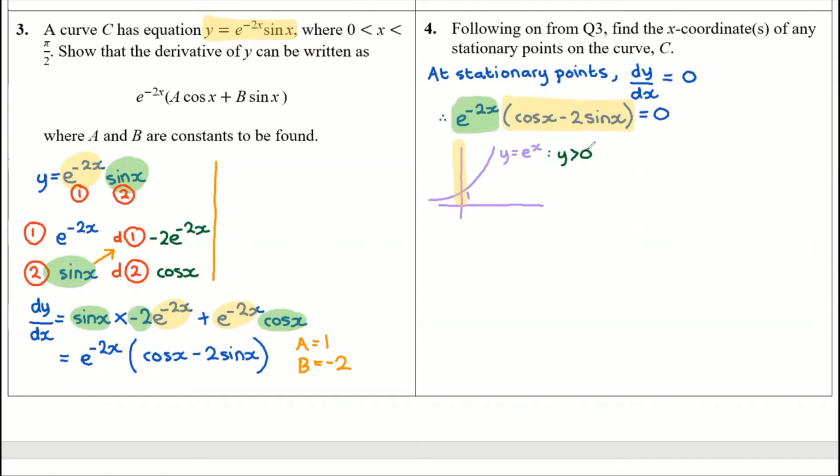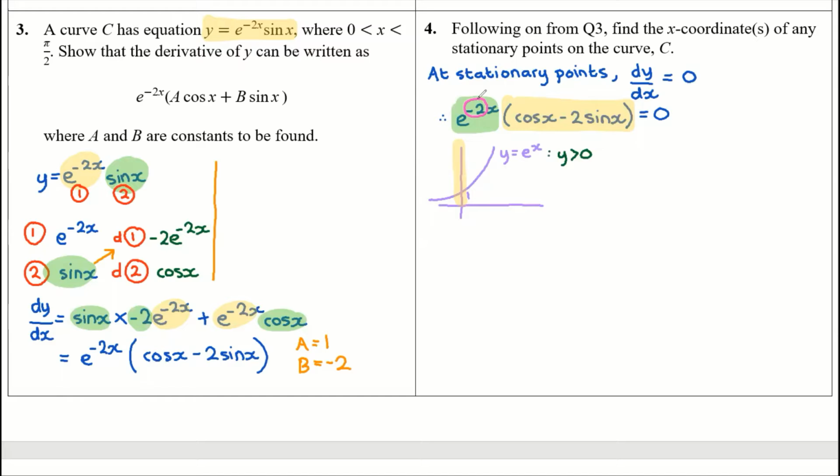Okay, so your values are always positive, and you'll notice in the function we've got a negative 2 inside the function. Now what that does is a transformation in the x direction. So we multiply all the x coordinates by negative 2, essentially. Now, if you think about transformations, this will not have any effect on the range whatsoever, because it only affects the x coordinates, as the transformation is inside the function.